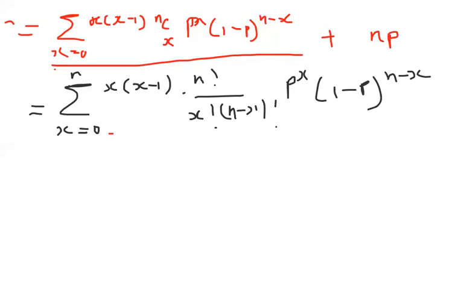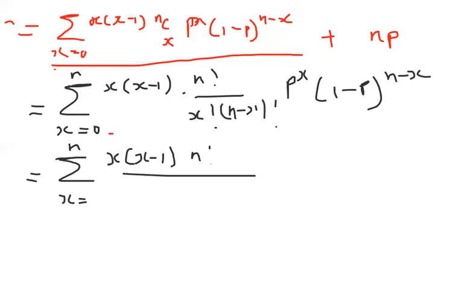So I can see this expression is the same as summation of X equals to, let me leave this, up to n, and I have X into bracket X minus 1, n factorial all over, but this X factorial here can be written as what?